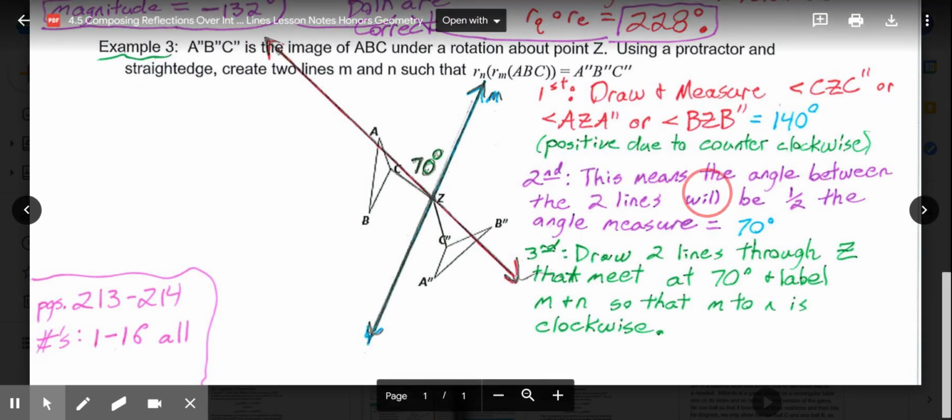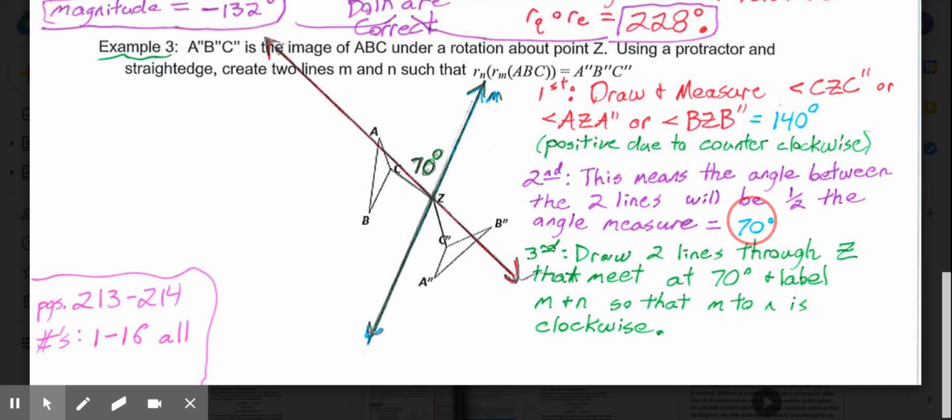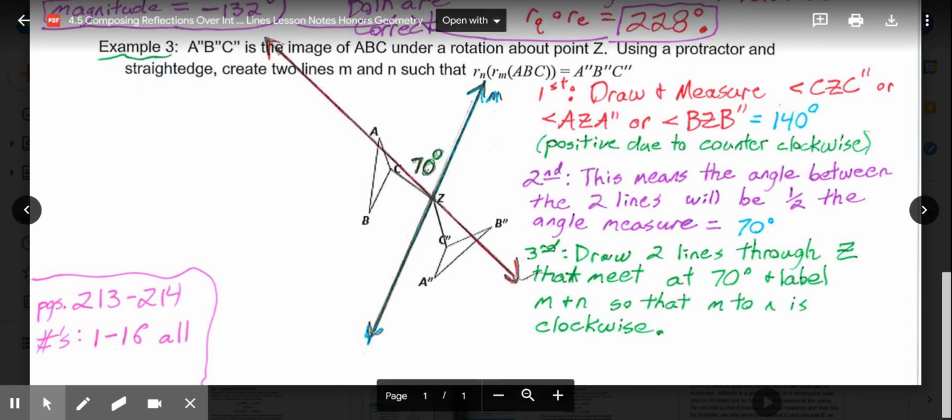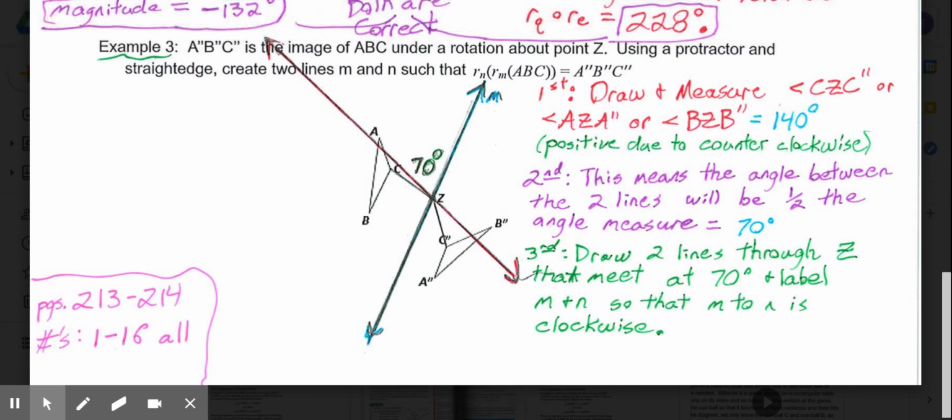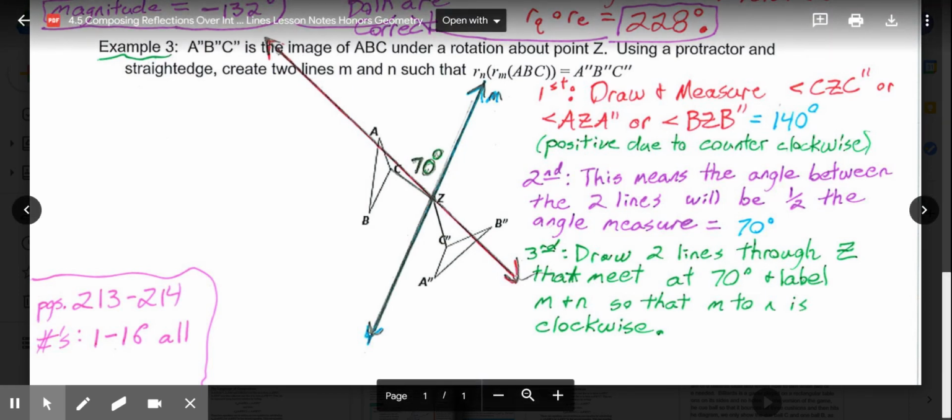So the angle measure between lines M and N would have to be 70 degrees. So that third and final step is to draw the two lines through Z that meet at 70 degrees, and then you label them M and N so that M to N would be clockwise.